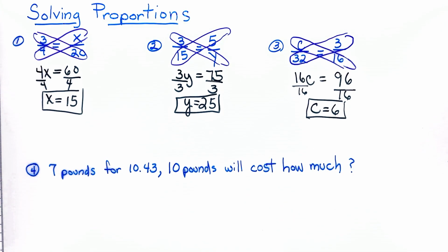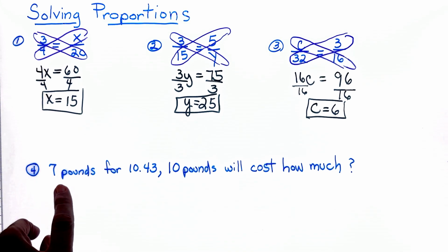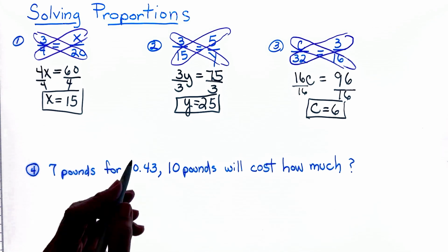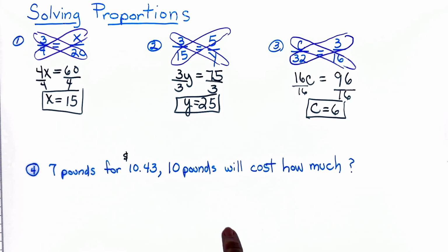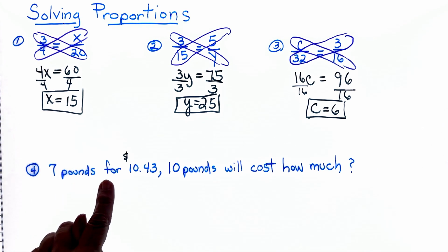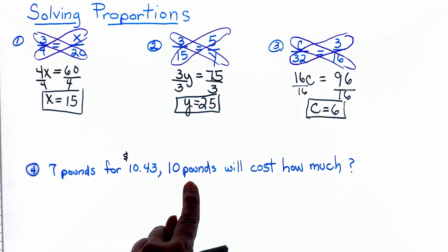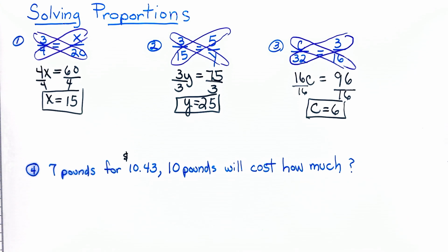So when you have a word problem such as this: 7 pounds for $10 and 43 cents. 10 pounds will cost how much? Again, 7 pounds for $10 and 43 cents. 10 pounds will cost how much?